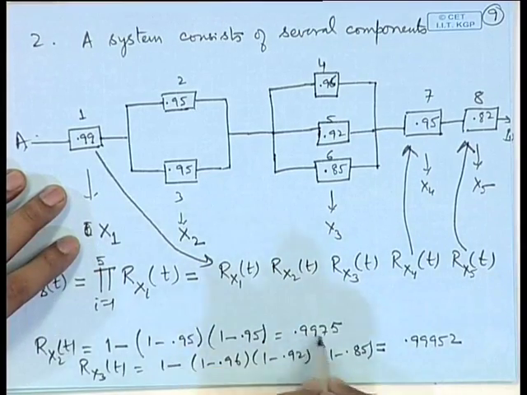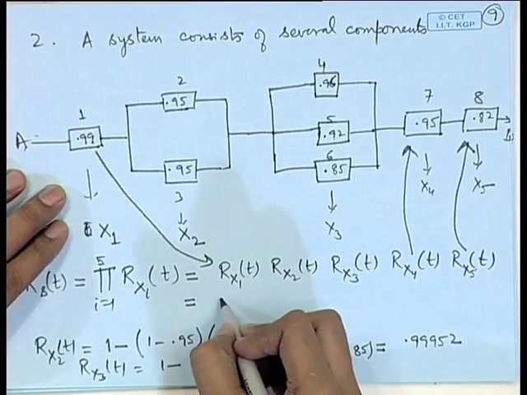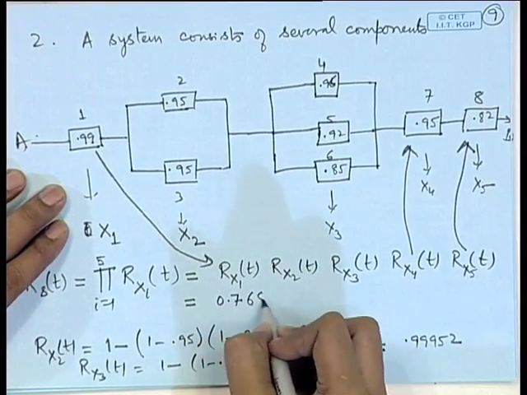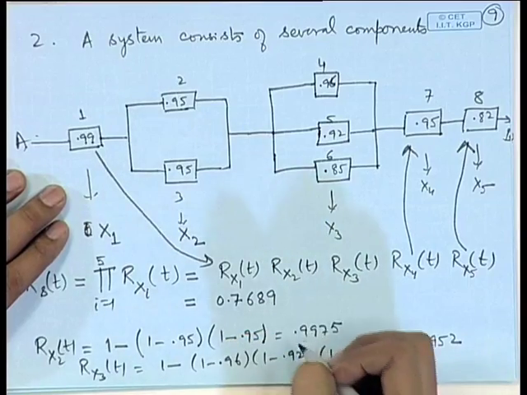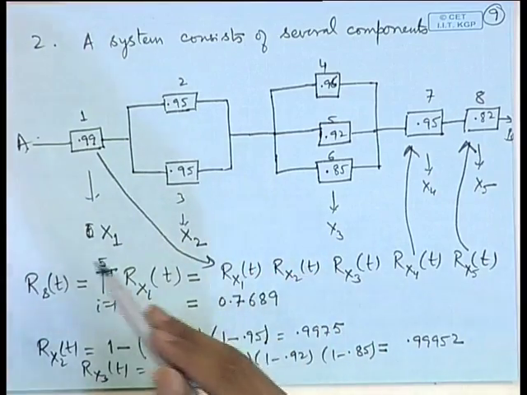If we substitute these values in this formula, we get 0.7689. This shows that the reliability of a complex system can be calculated by using the formulas for the reliabilities of the individual systems, which are connected either in parallel or in series form.